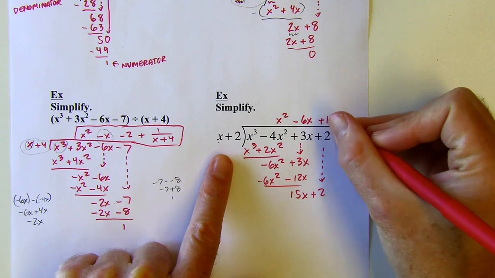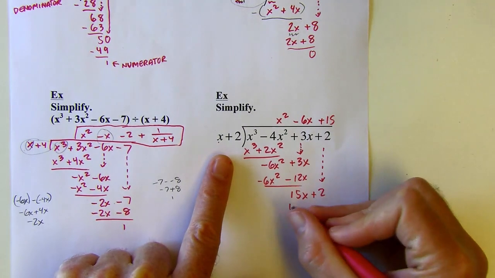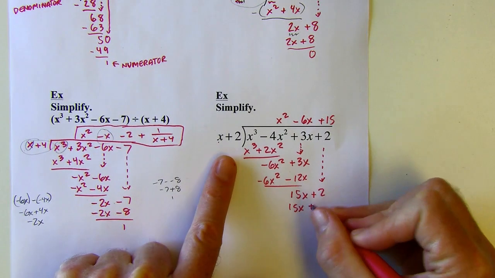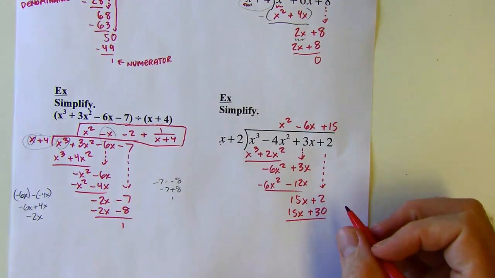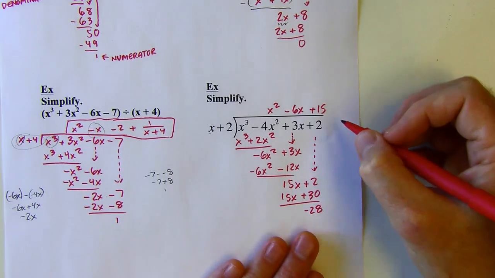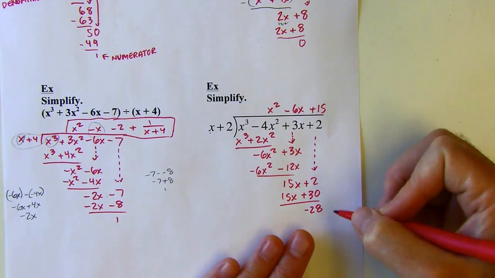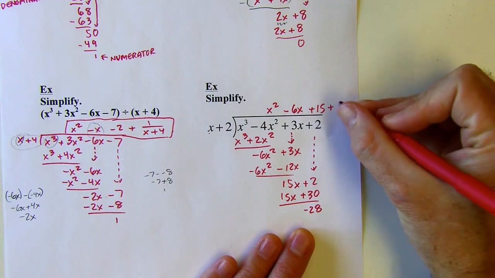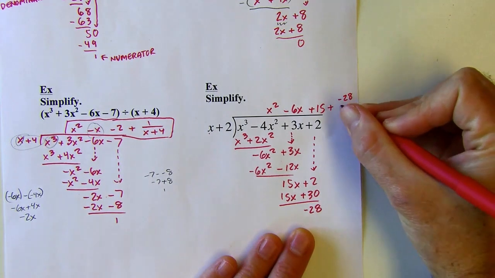Got a 15 up there, multiply back. One more round of subtraction. And there's the numerator. So you could say minus and then the fraction, but I always just add in the fraction and then, my numerator is negative, but it doesn't really matter.